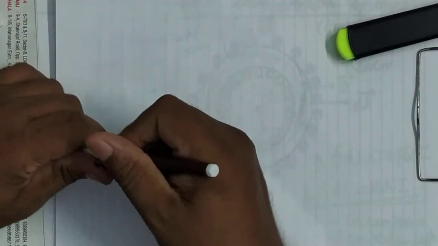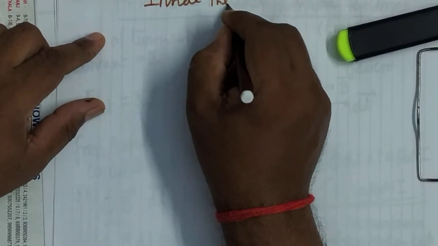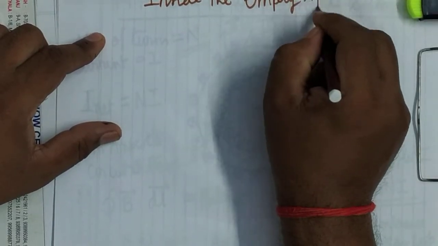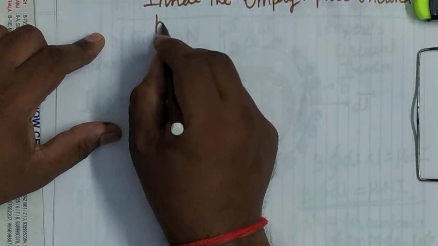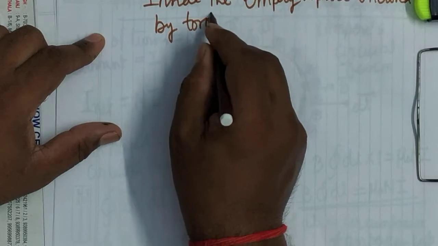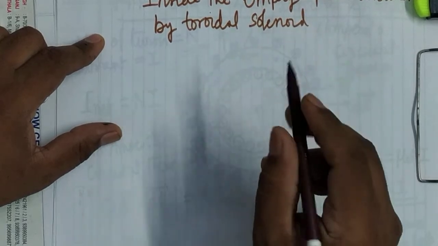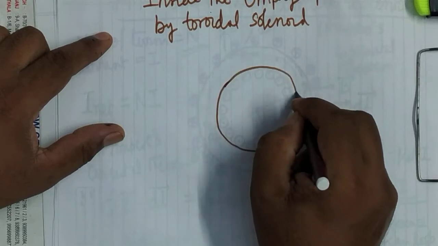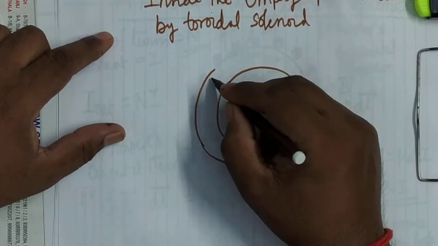First we will see inside the empty space enclosed by the toroidal solenoid. So here I am making the diagram of the toroidal solenoid.